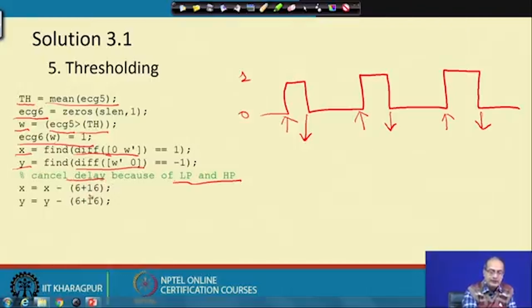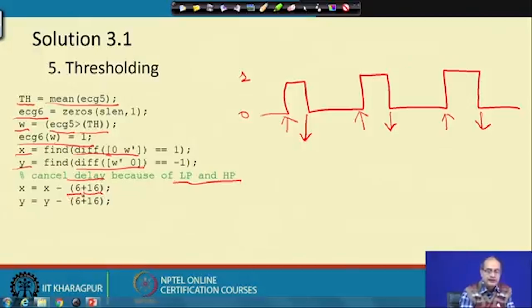The high pass filter of 33 taps in the numerator introduces a delay of 16 samples. The low pass filter having 13 taps in the numerator introduces a delay of 6.